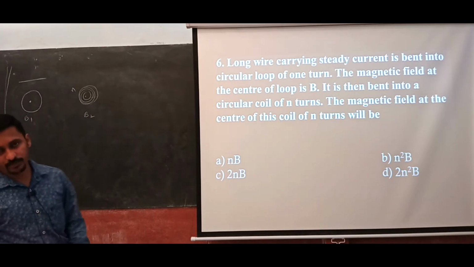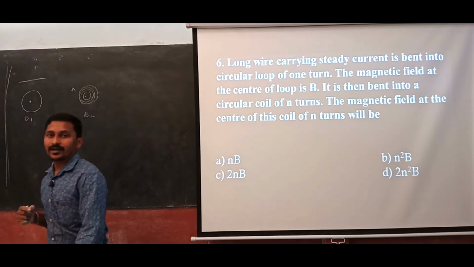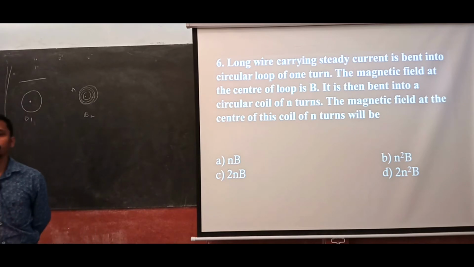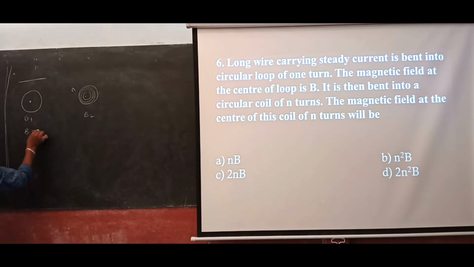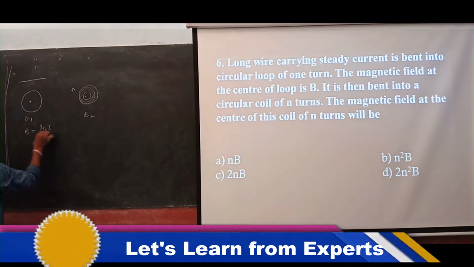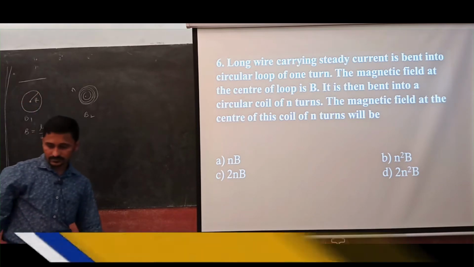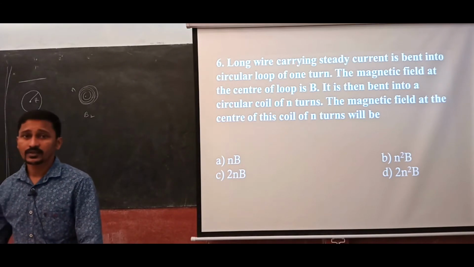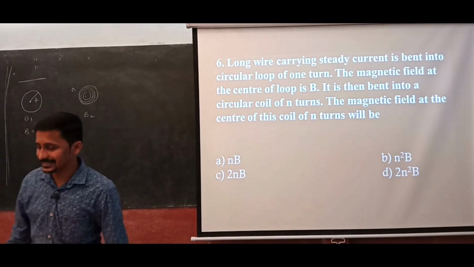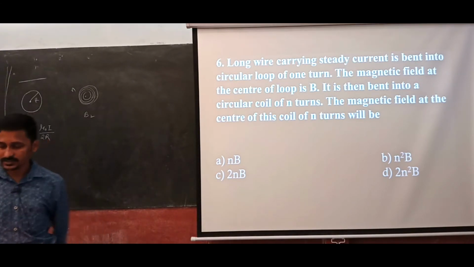If a circular loop is there, what is the total magnetic field? We know that the magnetic field is nothing but mu naught I divided by 2r, the radius. For a coil we have done the derivation at the center. Now if there are N turns, how much will it be?